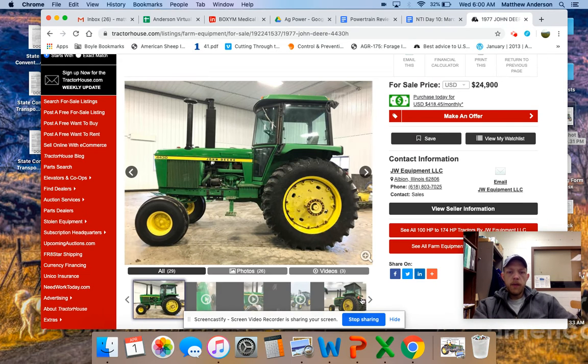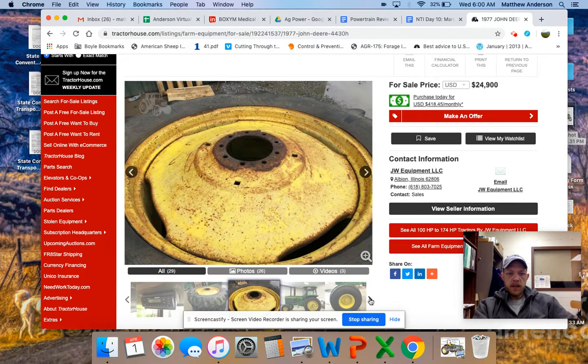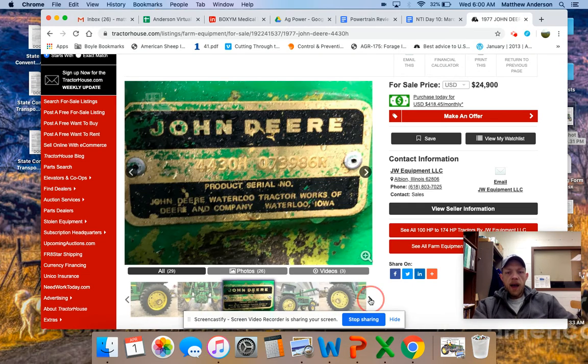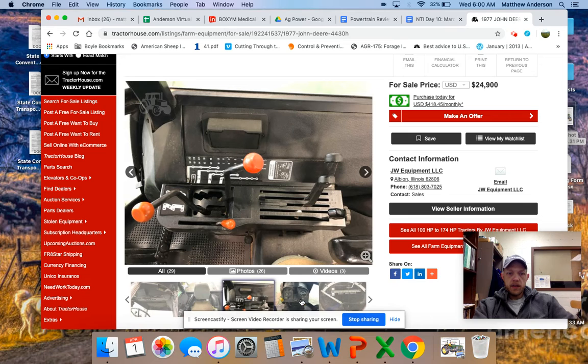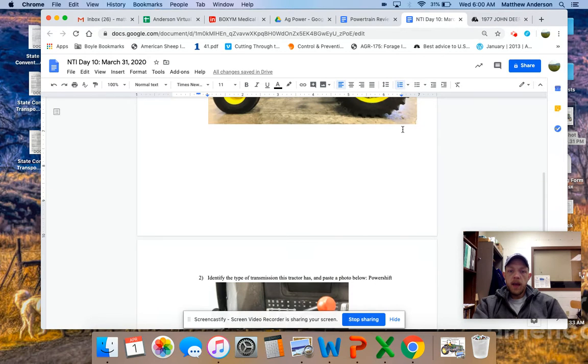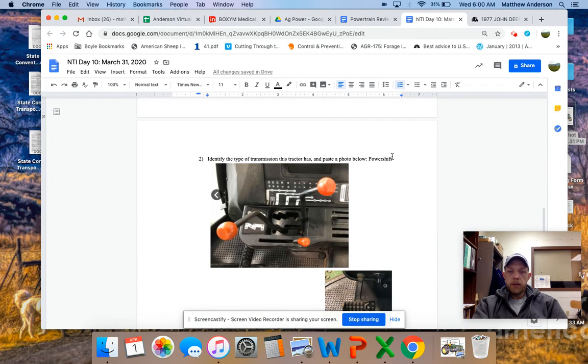So we'd filter through all these photos and see what the interior is. Having been around these tractors enough, I know they were all power shift transmissions, so you could actually shift these on the go because of the clutch packs in the transmission. Then take a screenshot or copy and paste the picture, and voila, power shift.